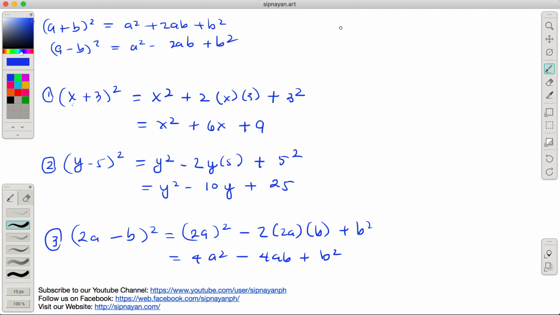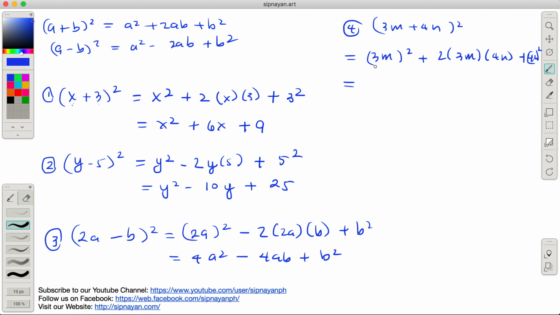(3m plus 4n) squared. So this is equal to, square natin to, (3m) squared, and then plus 2 times 3m, yun yung a natin, times b, which is 4n, and then plus, what is b squared? (4n) squared. Okay.